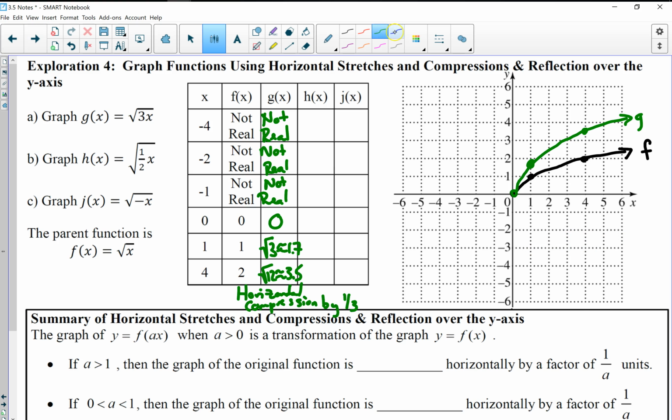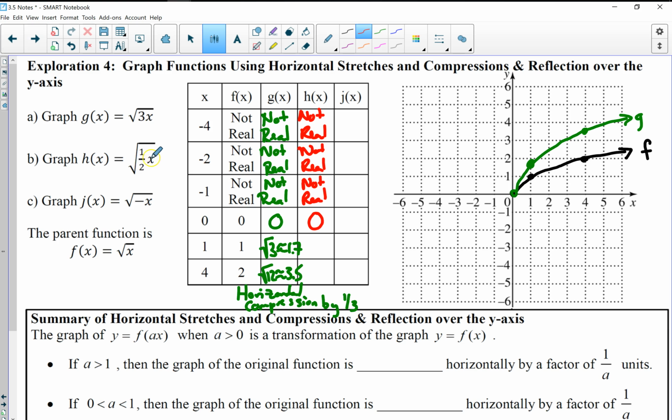Let's look at the next graph here. Now I am multiplying by 1/2 within my square root. So if we pick our values, -4, -2, -1, those all still don't work. Those are not going to yield real values for us, so we can't actually graph them. At 0, if I plug in my value of x is 0, I get 0 times 1/2, which is 0. If you square root 0, you still have 0.